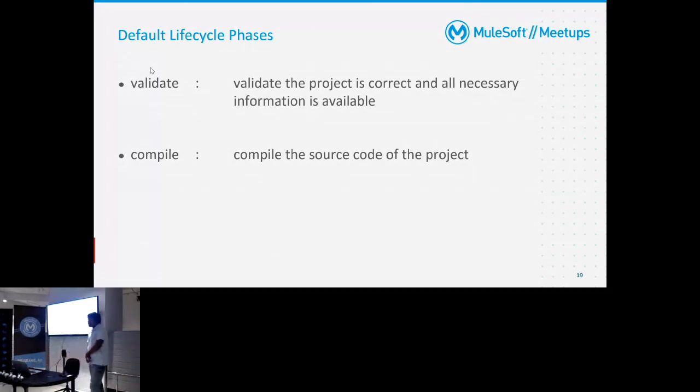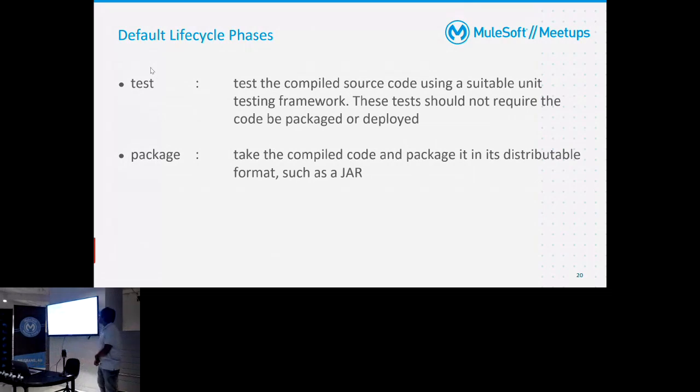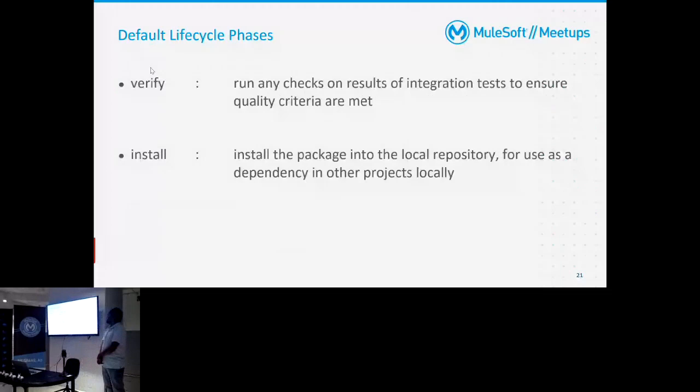Next is the test phase, in which your compiled source code will be tested using any framework, but normally we use MUnits; there is JUnit also with Java. After that, there is a package phase in which your code will be compiled and packaged in a format like jar. As we know, it is Java based, so the distributable will be a jar file.